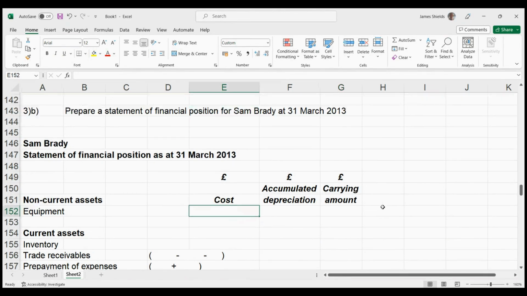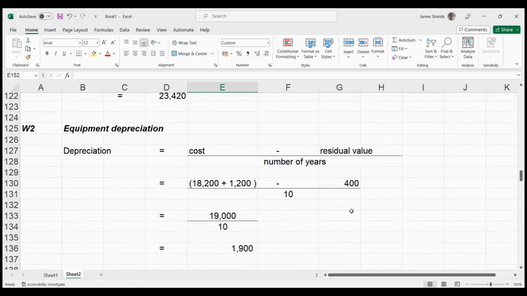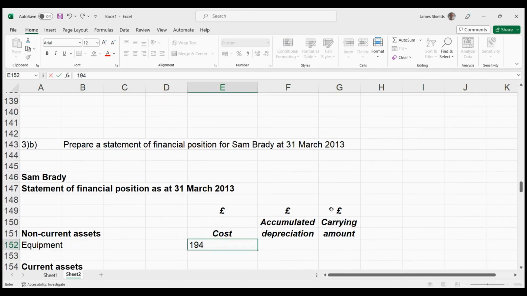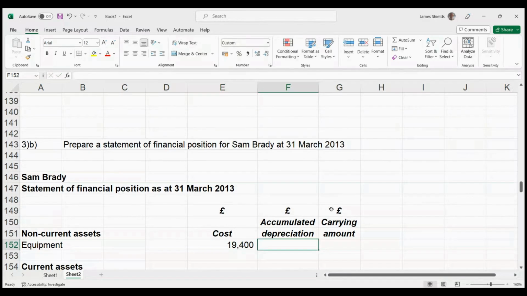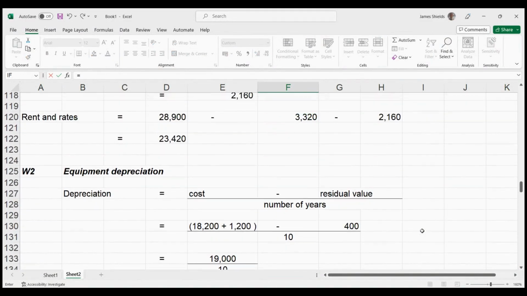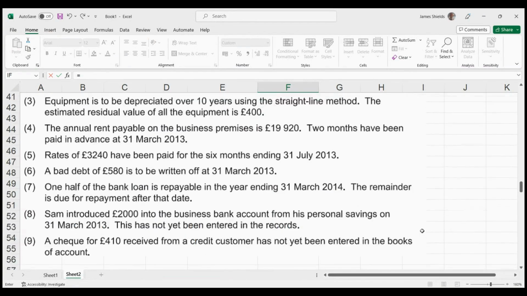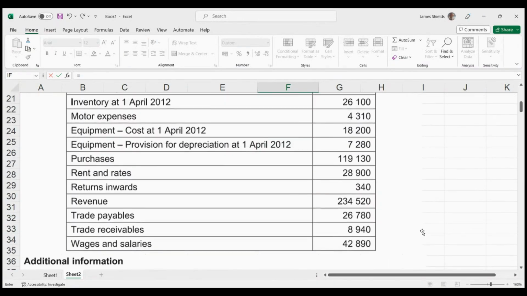So the cost of the equipment, well, we know the cost of the equipment. It was the 18,200 plus 1,200, which is 19,400. Now, the accumulated depreciation, that is the depreciation in the list of balances right at the top, it was 7,280.